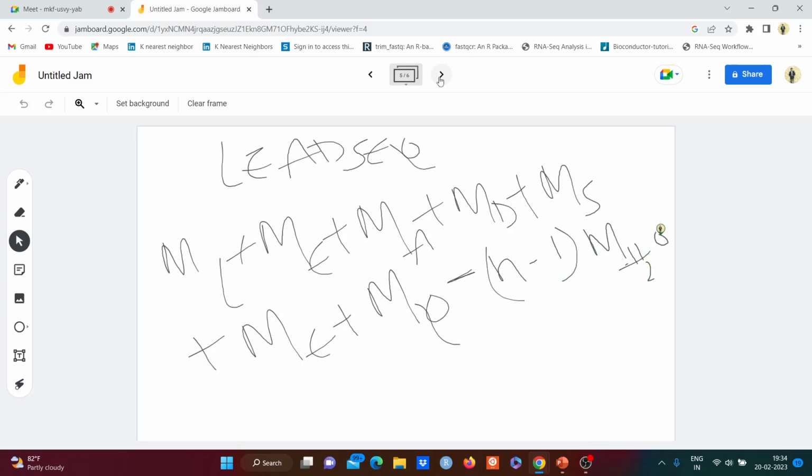Because this peptide sequence will have n minus 1 peptide bonds, which leads to the loss of water. So this is the formula to get the molecular weight of a peptide sequence or a protein. Use this formula and try to calculate. I'll let you know the answer in a couple of minutes.